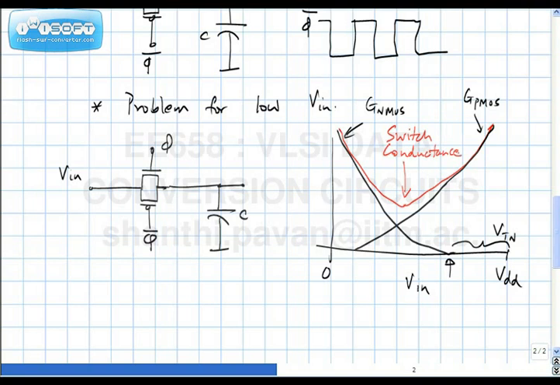And you can still see that the switch conductance depends on the input. You have avoided the problem of not being able to use too low or too high an input voltage, that's all. But the switch conductance definitely depends on the input.